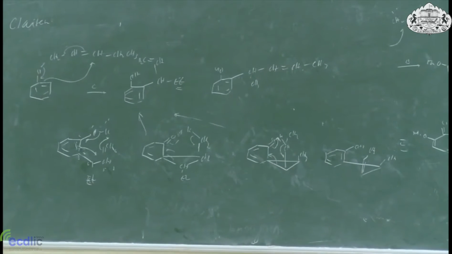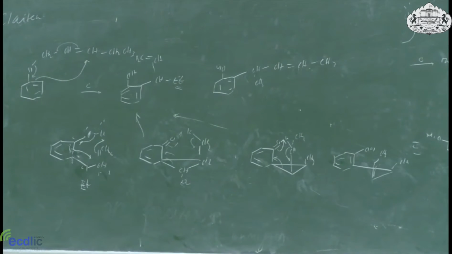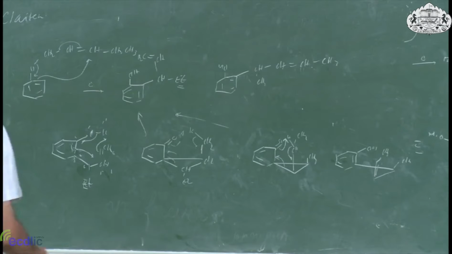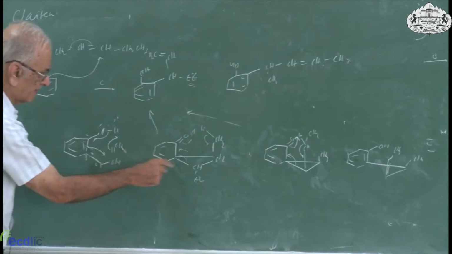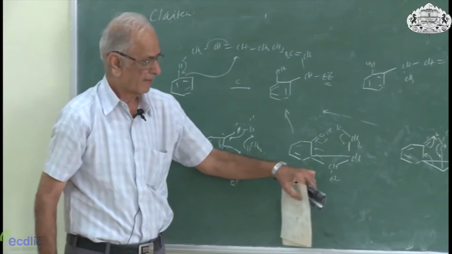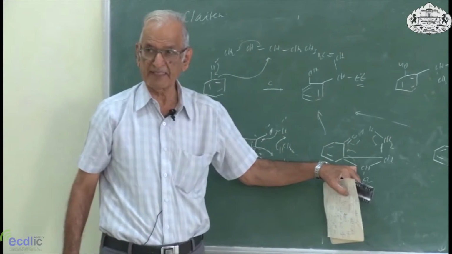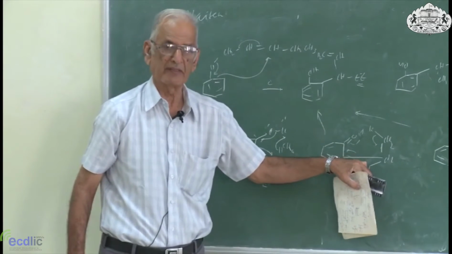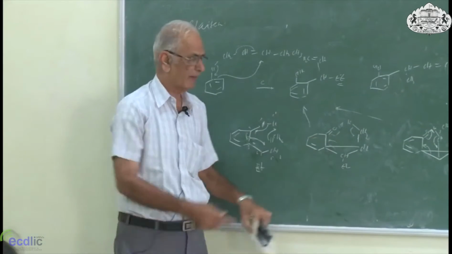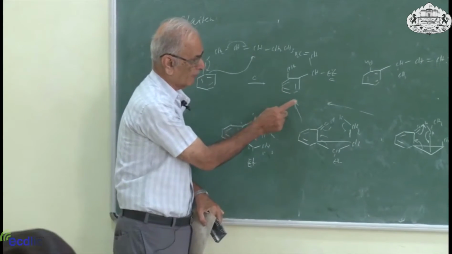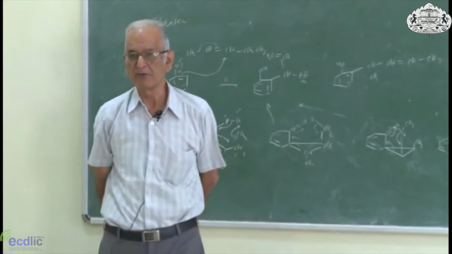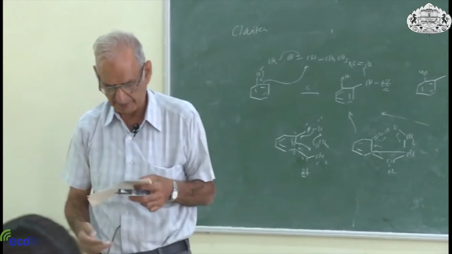Of course, this is a minor product, but it's also showing how we can get involvement of this intermediate. Please understand, this intermediate is unfavorable and will be formed in small amount. It again goes back into aromatic, it can go back into the normal product or pick up a proton from here and give you the abnormal product.